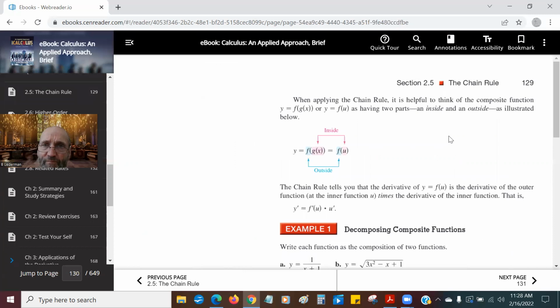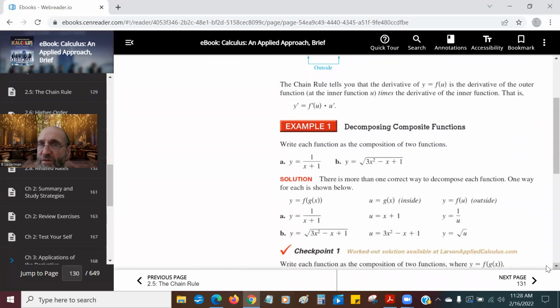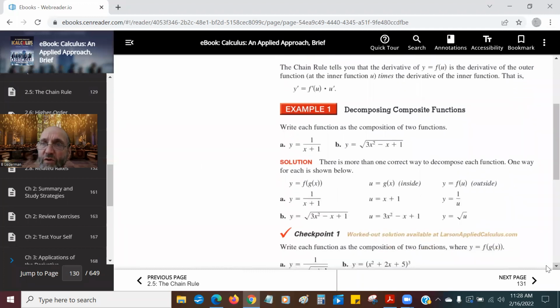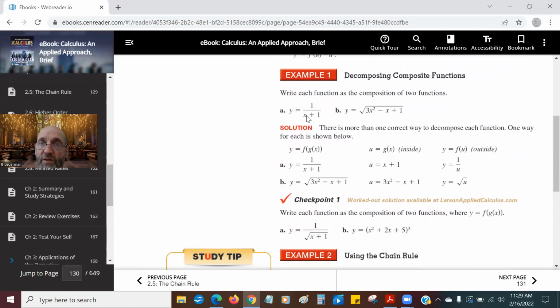With the chain rule, I find it's much easier to understand just by doing examples. That's been my experience. So first of all, let's decompose composite functions. This is a composite function because I have the reciprocal function and I have the x plus 1 function. So g, or u, the inside function, is going to be the x plus 1.